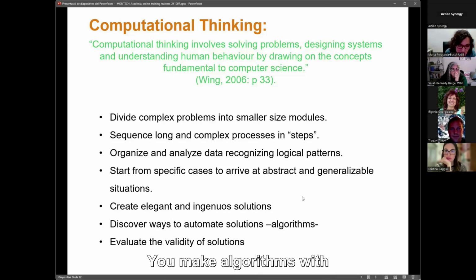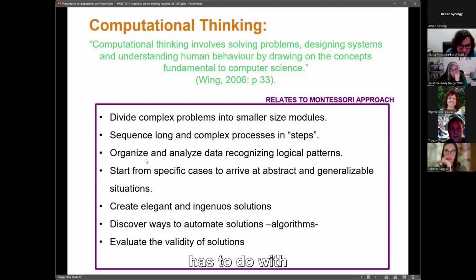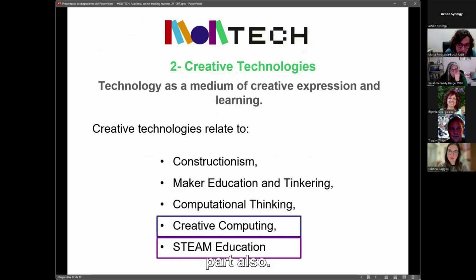You make algorithms with that, and you also evaluate the validity of the solution. If the thing doesn't work, your project, your program, the problem you are solving, you start again. You learn a lot from the errors. So this again has to do with the Montessori approach. Okay, and there's this epistemological part also.